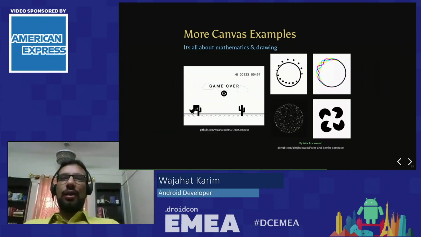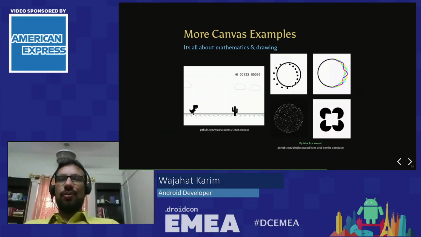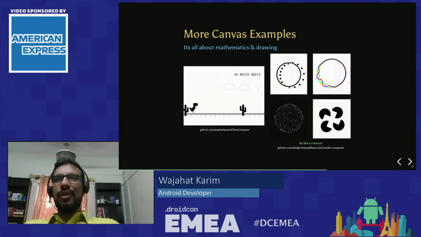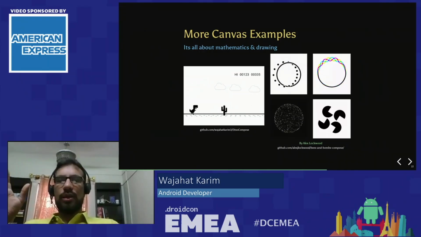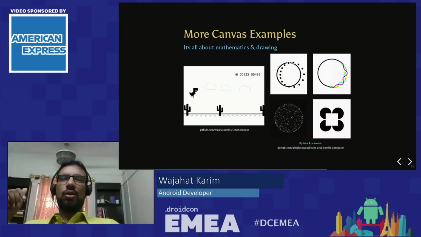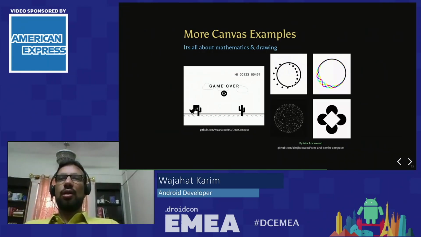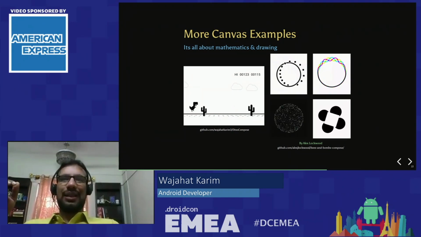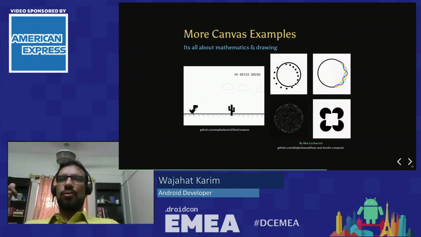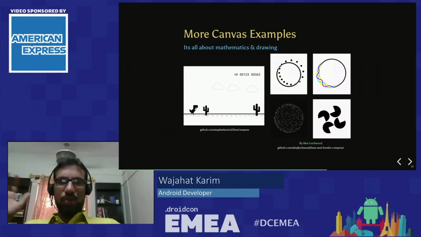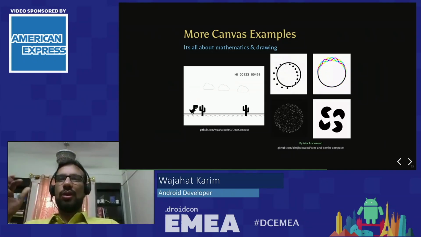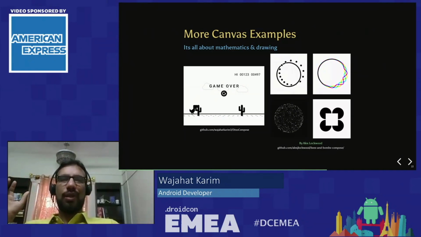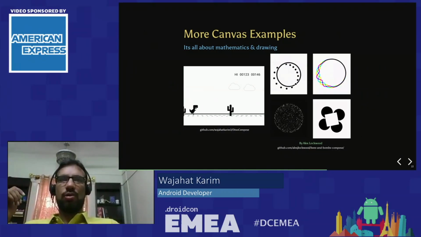It may look easy, but there is some mathematics involved, and you have to think hard about how you want to render things on canvas. But it's amazing and super friendly, and you can also manipulate UI with it. So it's very good.